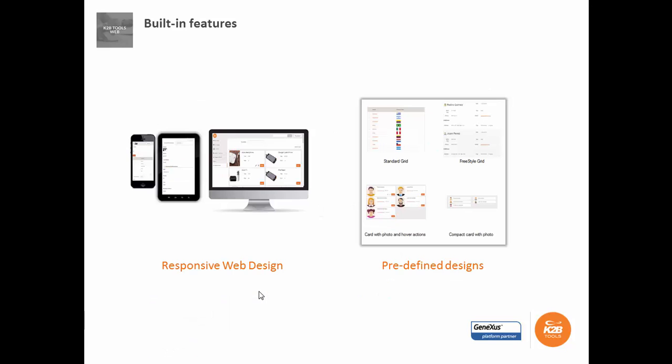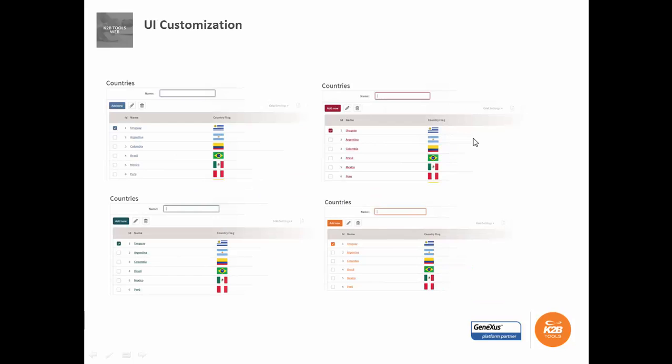Also, the applications generated by K2BTools are responsive, and a wide variety of predefined designs can be used, and many more useful features that help to develop and enhance a GeneXus application.